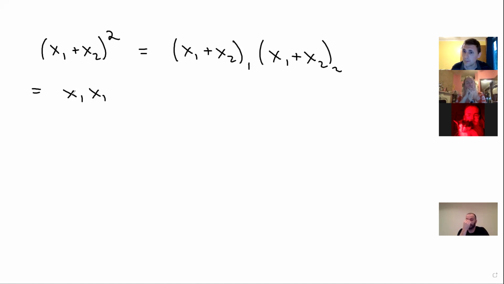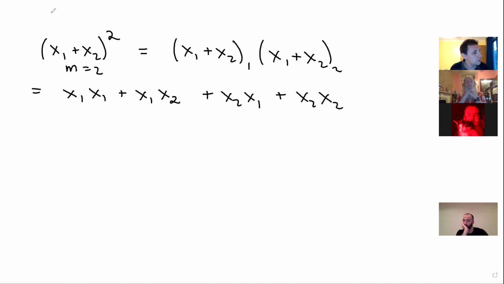That means x1 from the first parenthesis matched against x1 from the second parenthesis, plus x1 from the first parenthesis matched against x2 from the second parenthesis, plus now x2 matched against x1, plus x2 matched against x2. Do you see? Here we had m equal to 2 and n equal to 2.